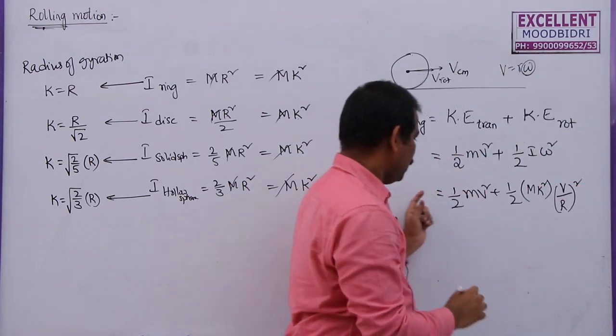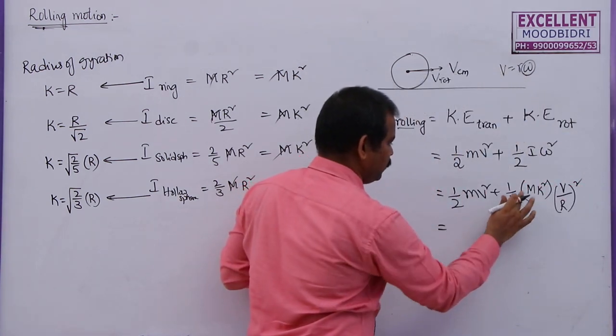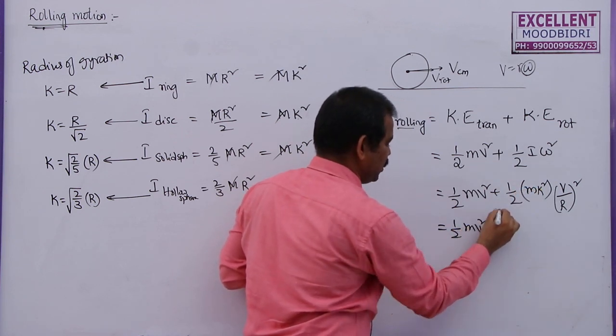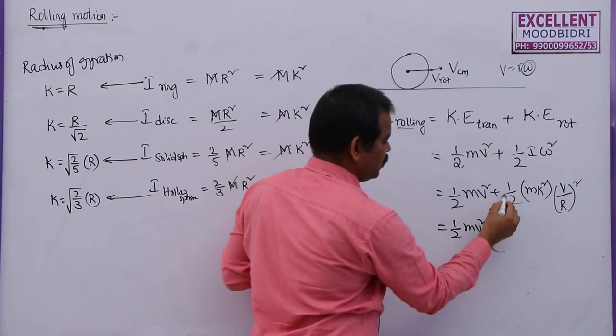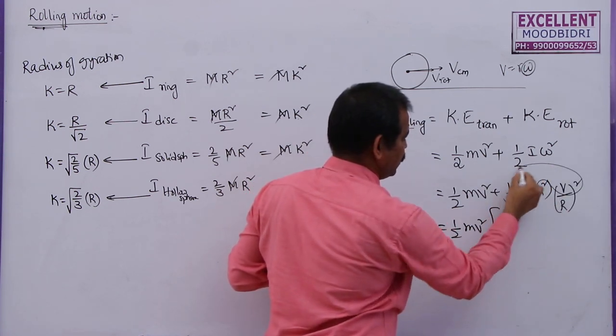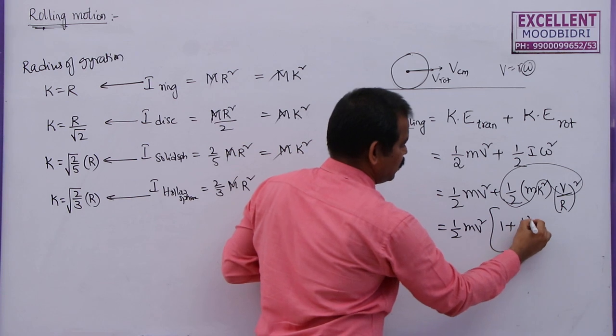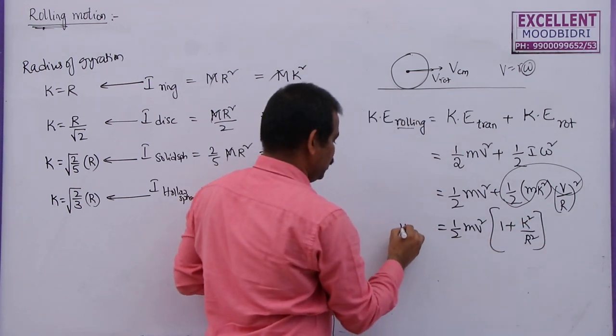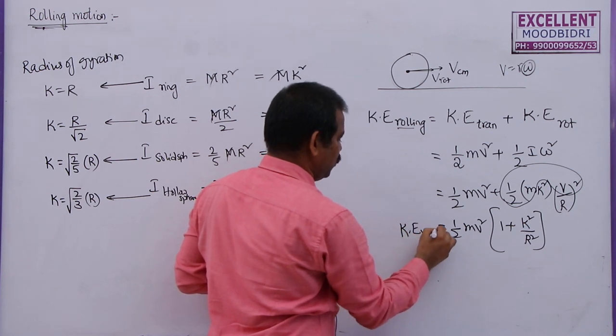Now half mv square will be common, times 1 plus, the remaining term is k square by R square. So this is the total kinetic energy of a rolling body.